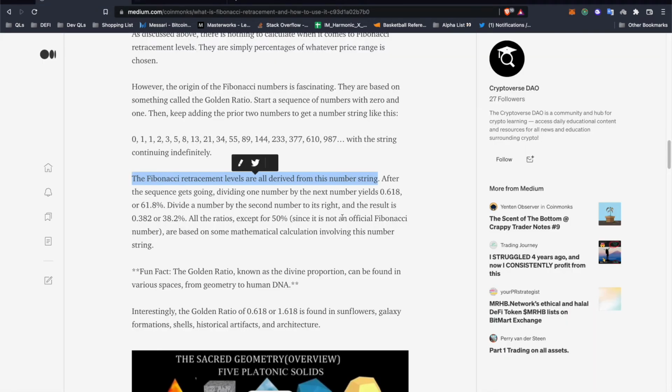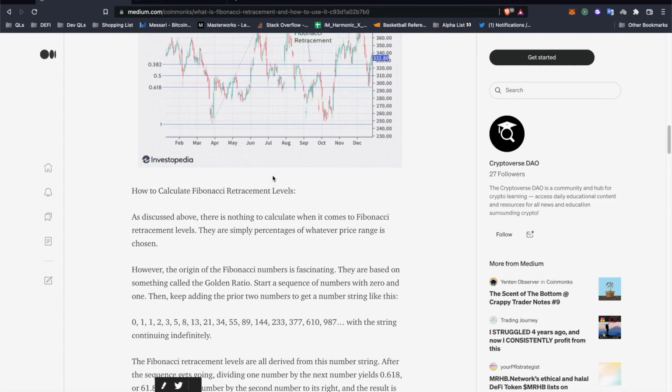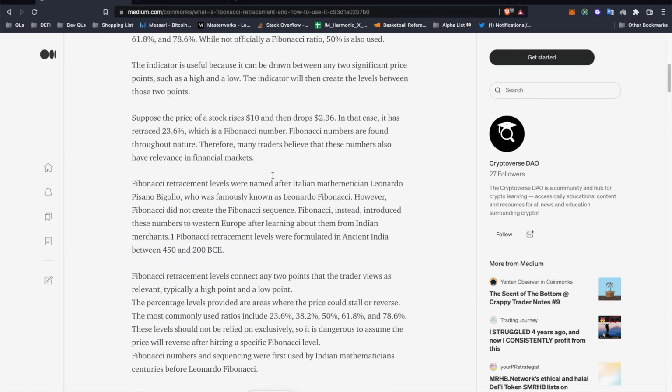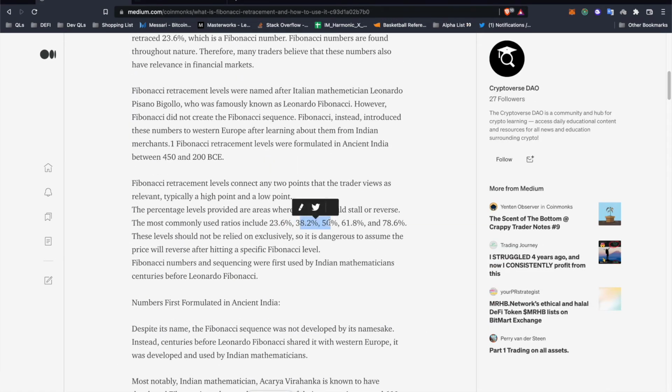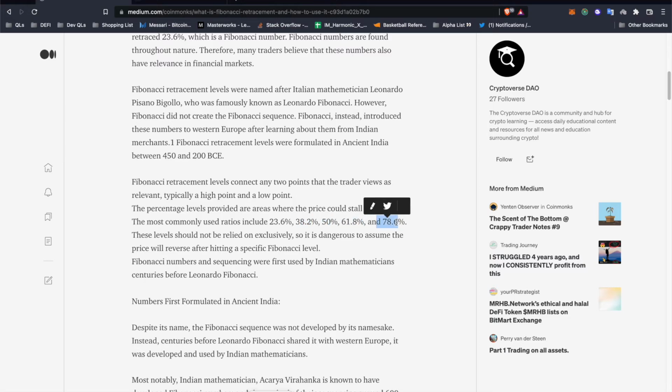After the sequence gets going, dividing one number by the next number yields 0.618 or 61.8%. Divide a number by the second number to its right, and the result is 0.382 or 38.2%. So on and so on. You get these numbers that we've identified up here: 23.6, 38.2, 61.8, 78.6.